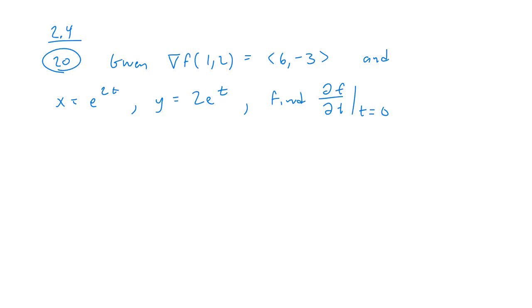Since we don't have full information, what do we need to be true about this? We are going to need the two derivatives, what's the derivative of x and what's the derivative of y. But since we're not given the function itself, what do we need to be true at t equals 0?